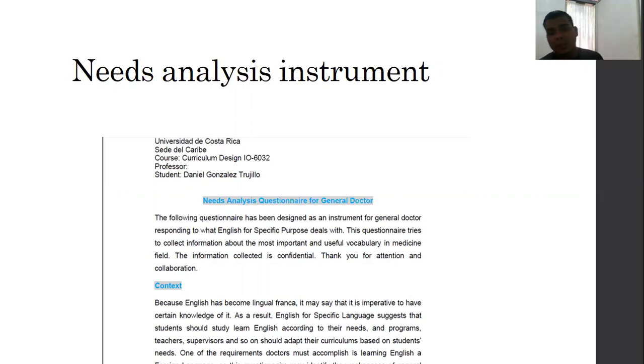It explains a little bit about what the needs analysis is, then it gives the context of why it is important to teach English using their context, and in order to understand the needs of these people.